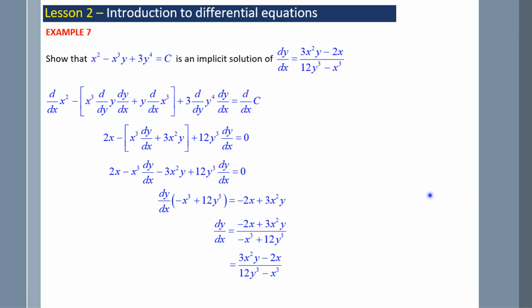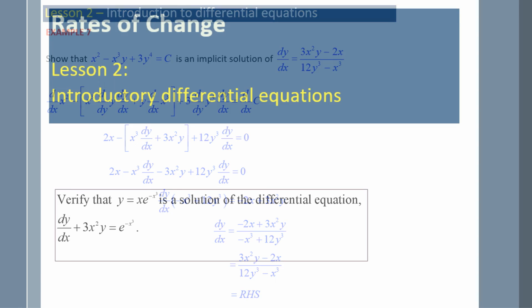Last step here, I just rearranged it so it looks a bit more explicitly like this one up here, in terms of writing it as 3x squared y take 2x, and similarly 12y cubed take the x cubed. Not entirely necessary, but just to be particular about it, we did it as one more step. Therefore, that equals my right-hand side, and we've shown it.